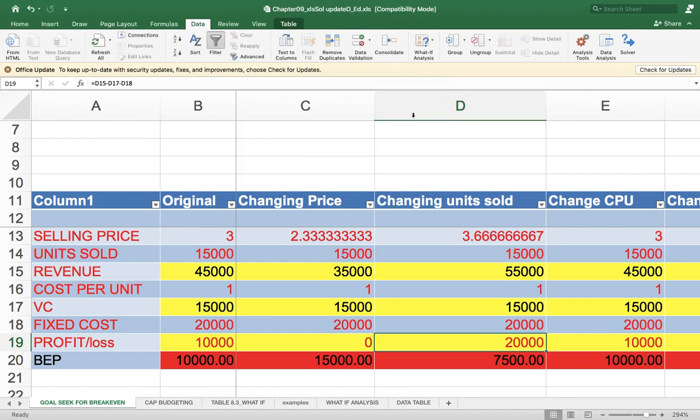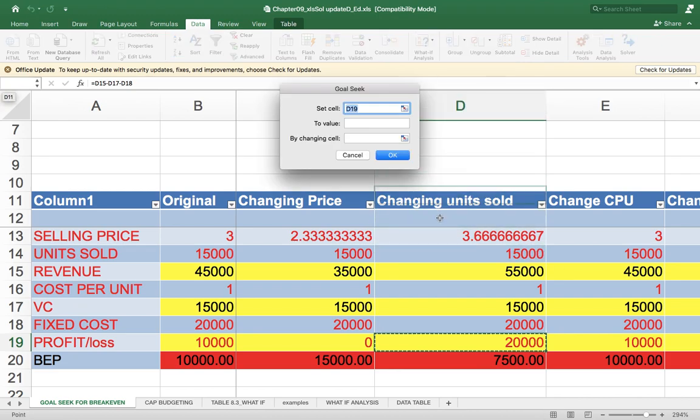For example, I will make it 20,000 or make it 10,000 by changing the units sold.